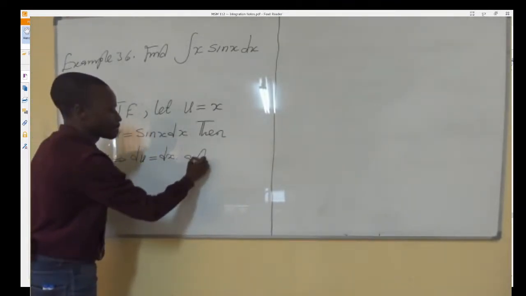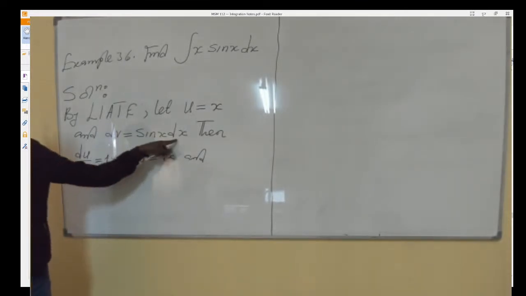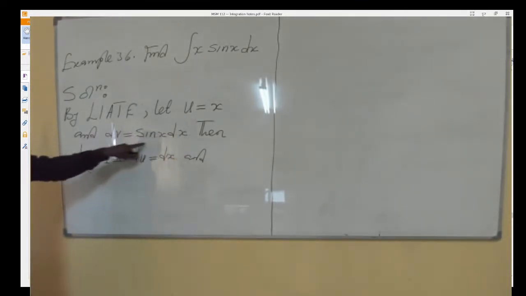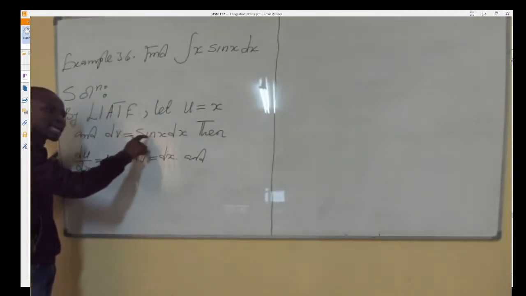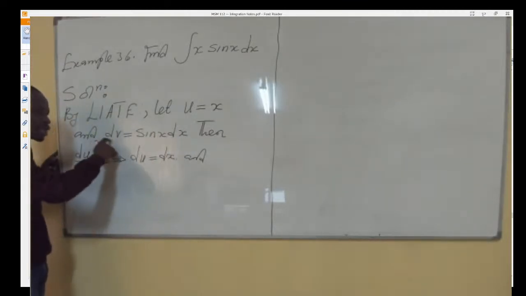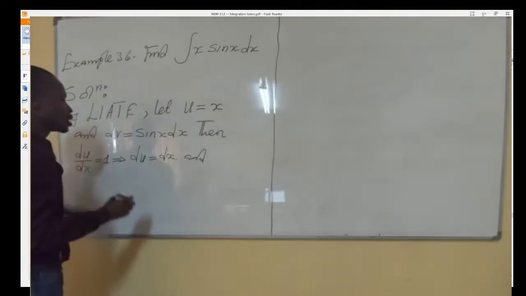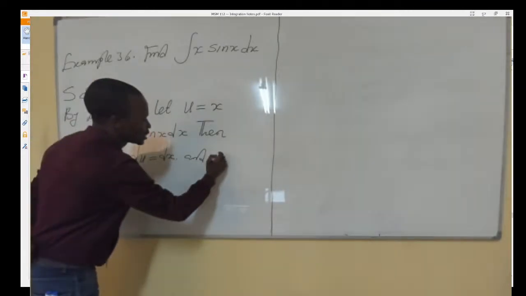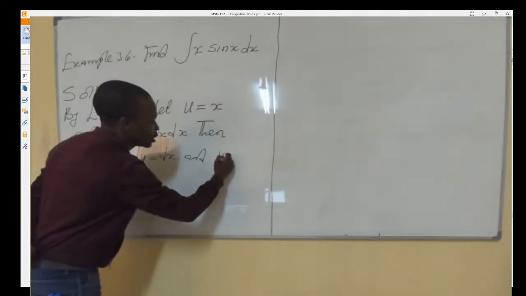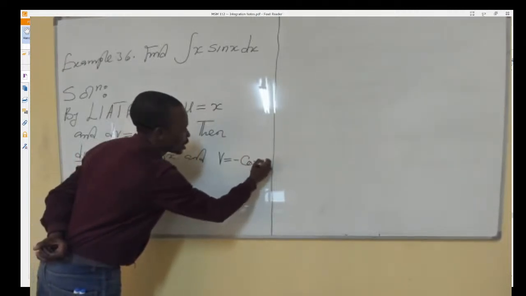Now, if dv is equal to sine x dx, when we integrate both sides of this equation, what do we get? Our v will be equal to the negative of cosine x.